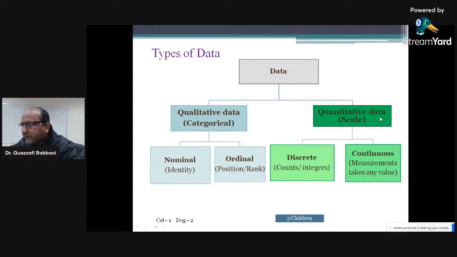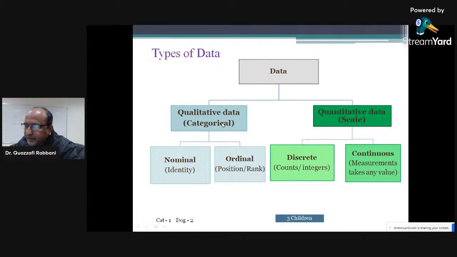Second is quantitative data, also known as scale data. Qualitative data is that variable, that observation that cannot be measured and counted, but its presence and absence can be observed. Similarly, quantitative data is data that can be observed, measured and counted.